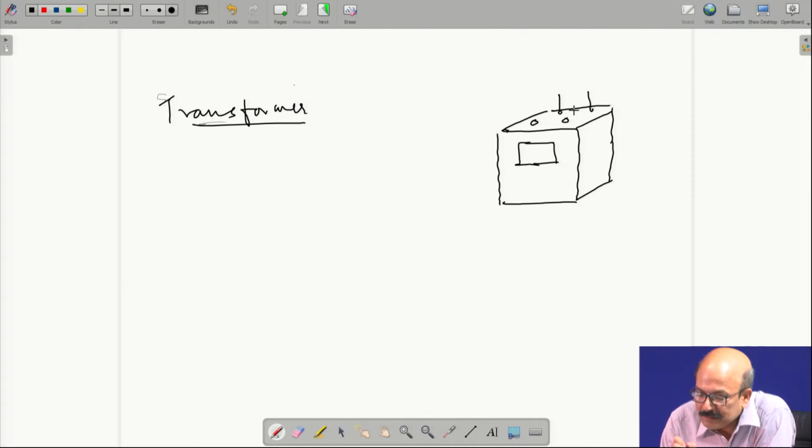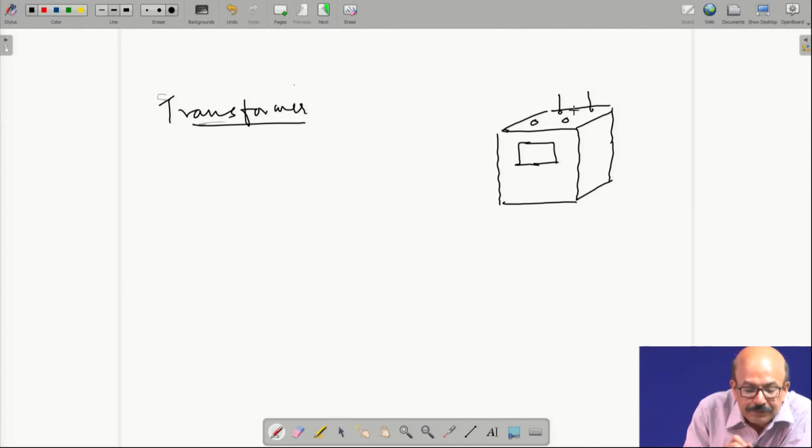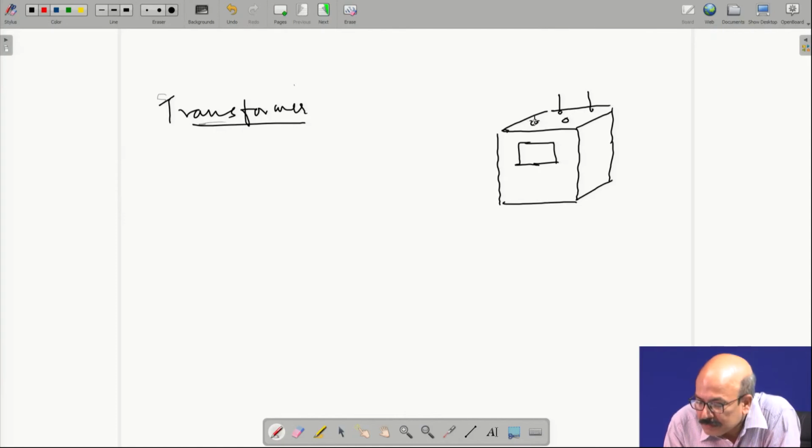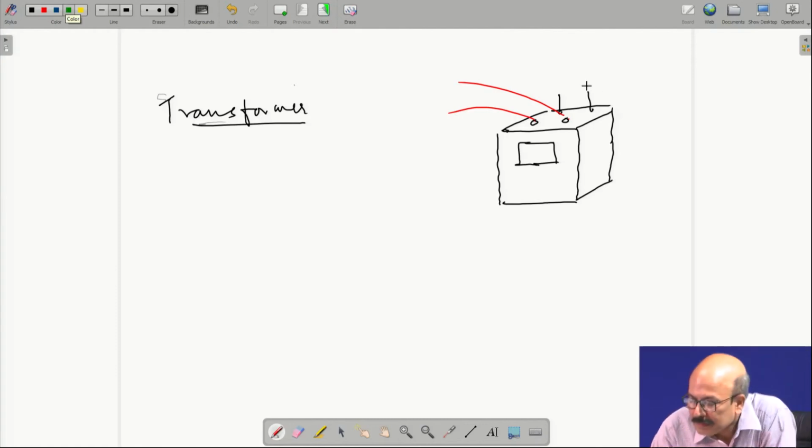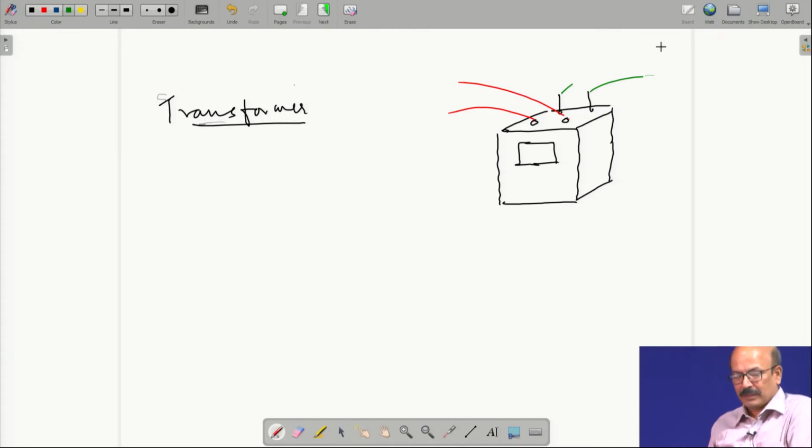When you make connections, you just connect the wire from this side to this side, and then the other side. One side is input, another side is output.